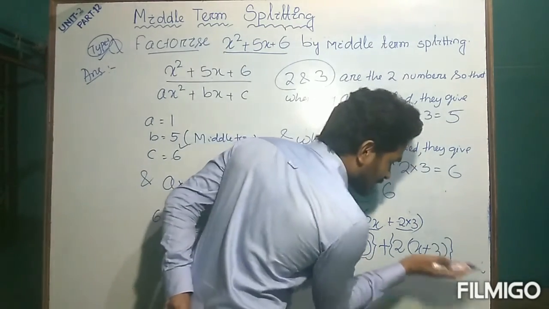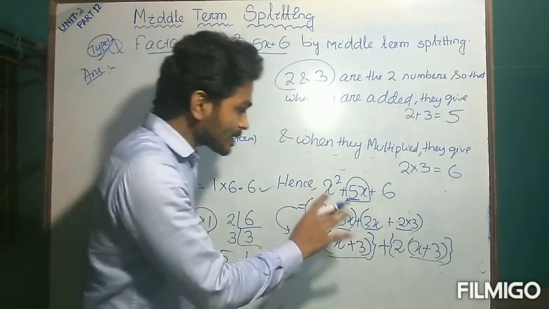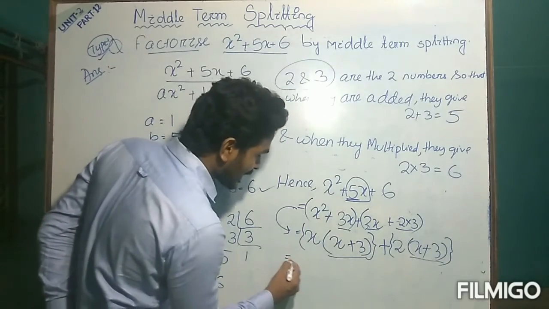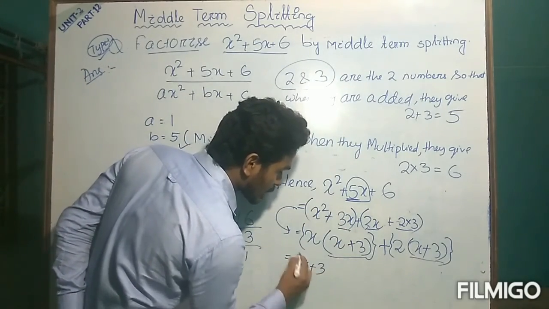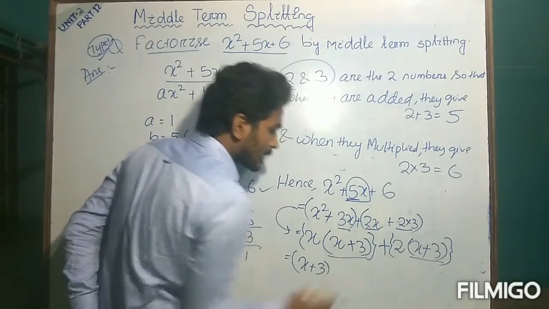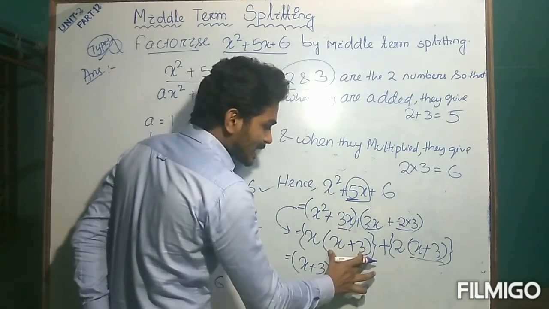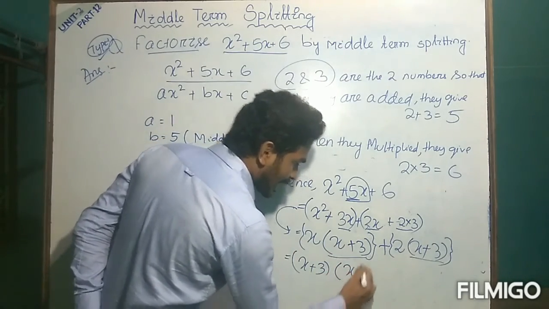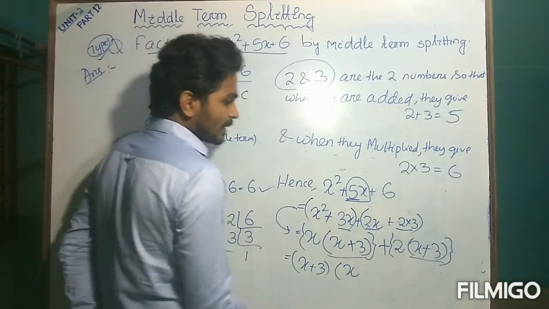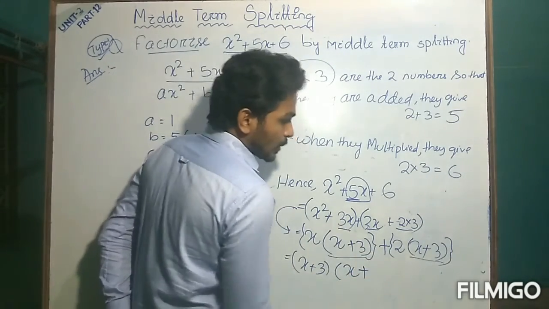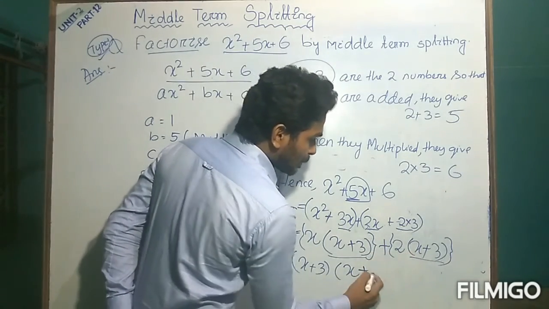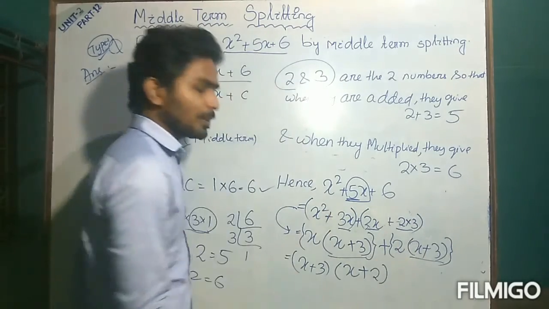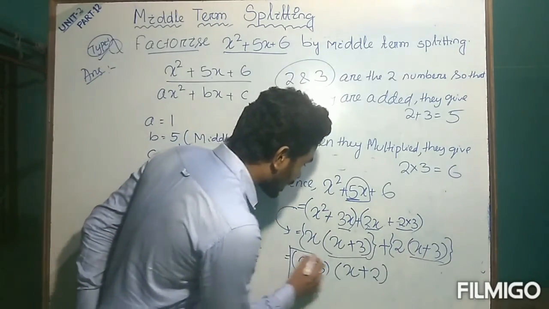Here also x plus 3 is present in the second term. So x plus 3 is the common term. So we can take x plus 3 as common from these two terms. If x plus 3 is taken out from the first term, then the remaining part is x only. Then plus sign. When x plus 3 is taken as common, then the remaining part is 2. Finished. This is our answer.